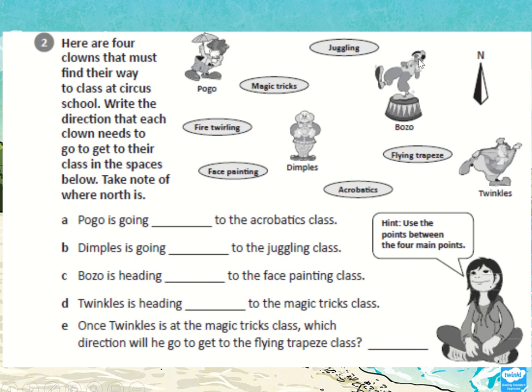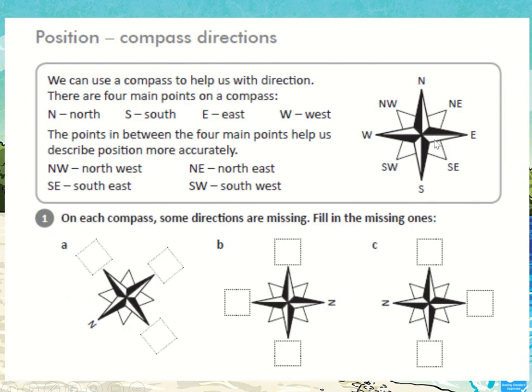Is he going east? Well, if he was going east, then he'd be going to do magic tricks, but it's not east. So acrobatics is in between east and south.